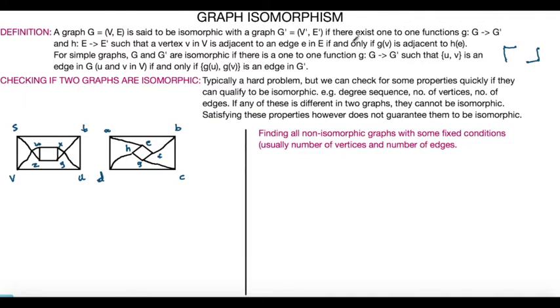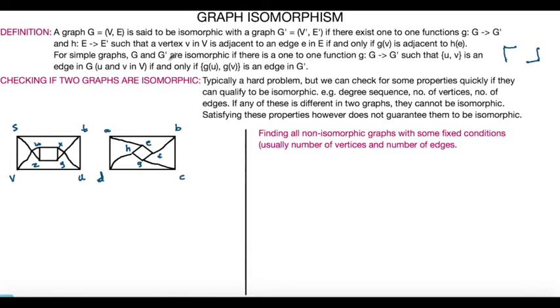But this can be simplified for simple graphs. Remember, what is a simple graph? A simple graph is one which has no multiple edges between two vertices and no loops. So for simple graphs, we only want to define our function from vertices V to V prime.